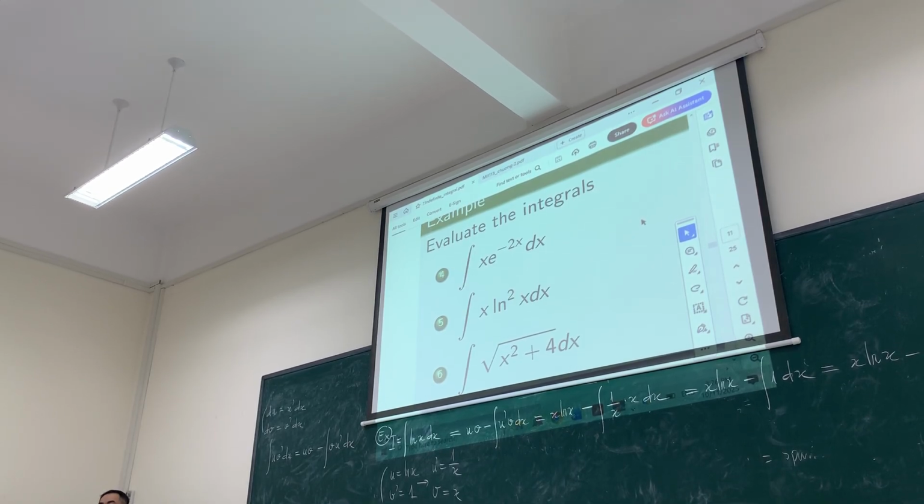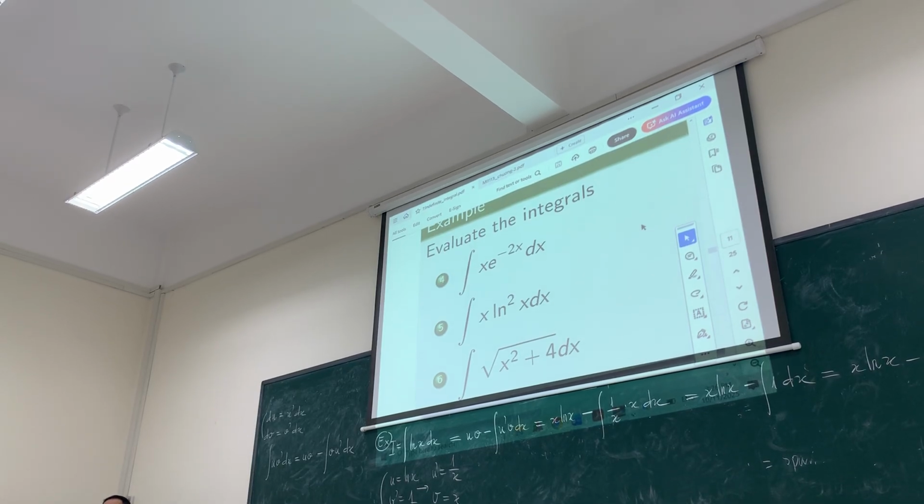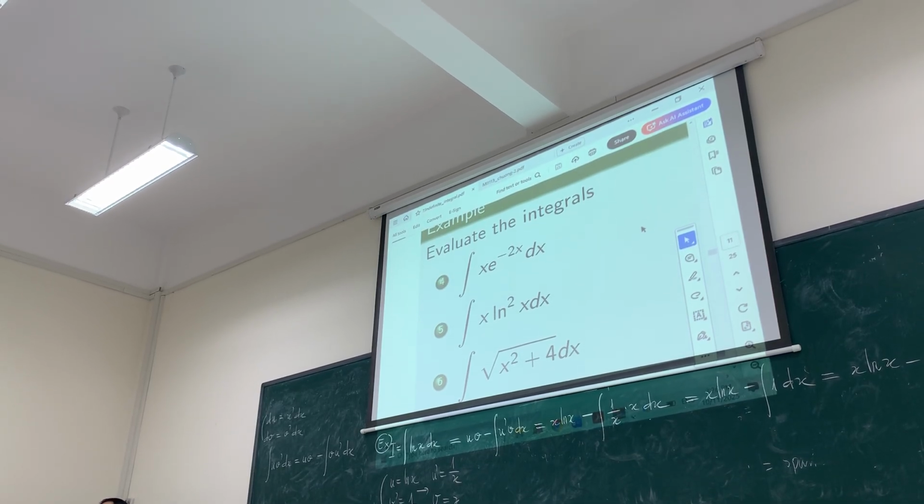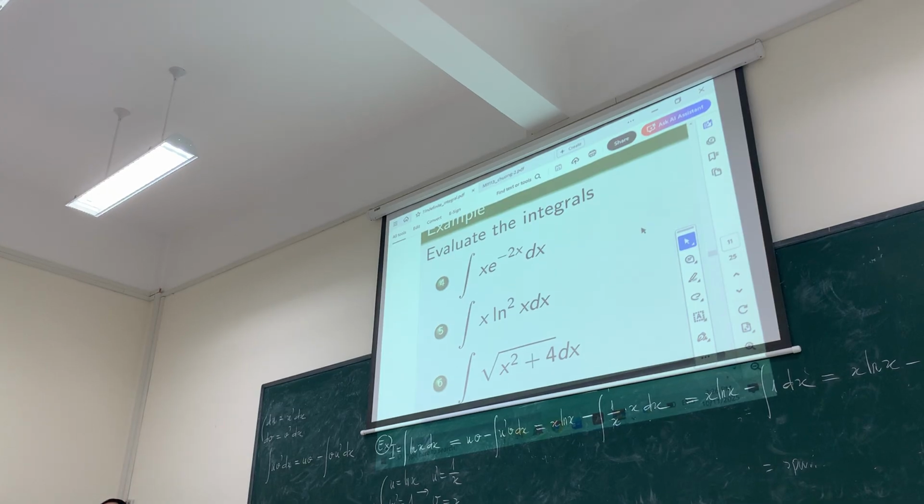Based on the table, you can use integration by parts.